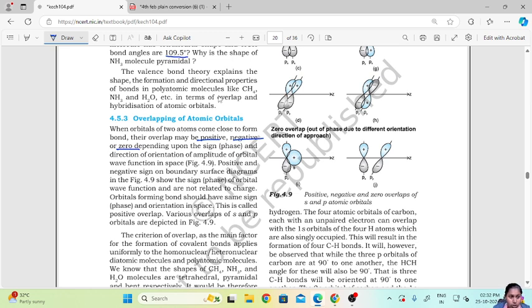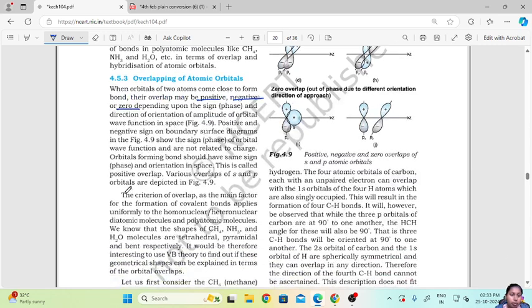depending upon the sign and direction of their orientation, in what direction they are arranged. Now, positive and negative signs on boundary surface diagrams show the phase of the orbital wave function and are not related to charges. These signs are basically there to show the lobes. It doesn't have anything to do with the charge of the molecule.